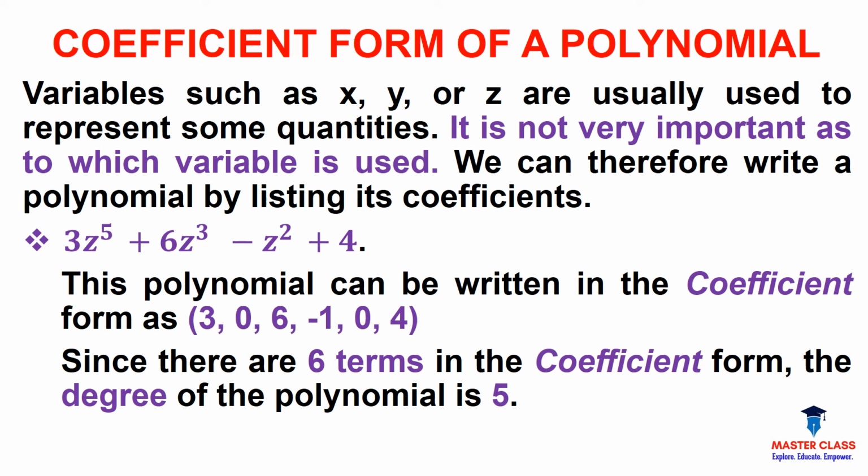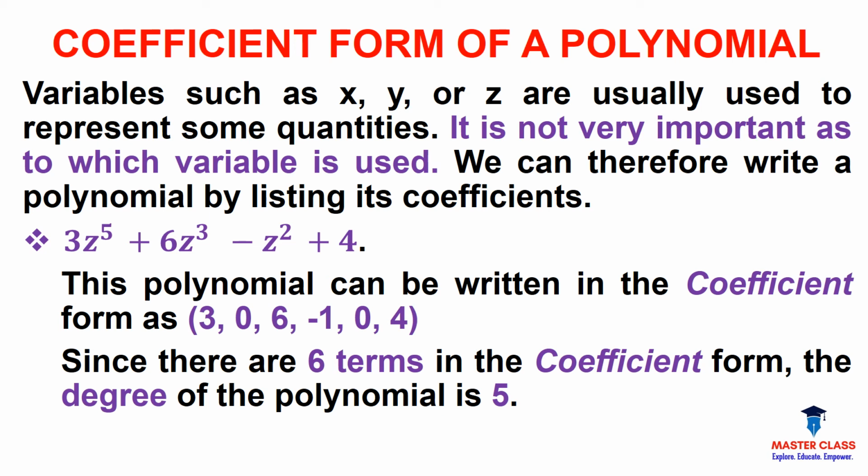We will now learn what is meant by the coefficient form of a polynomial. Variables such as x, y or z are usually used to represent some quantities. It is not very important which variable is used. Therefore, we can write a polynomial by listing its coefficients.